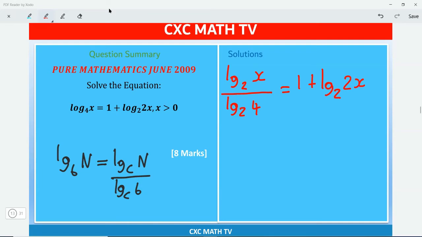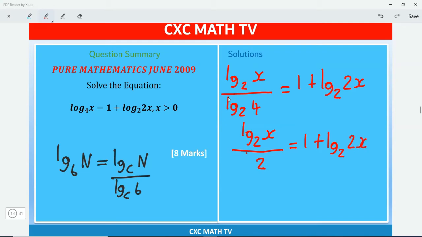Now, log base 2 of 4, we know that in the denominator, is 2. So we can put 2 into the denominator here, and it's equal to 1 plus log base 2 of 2x.